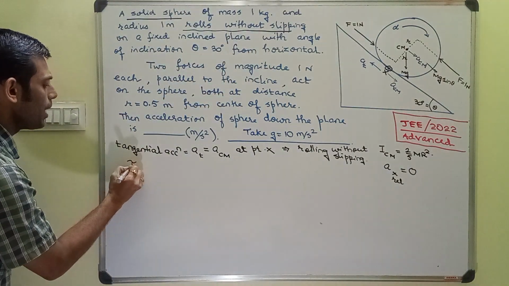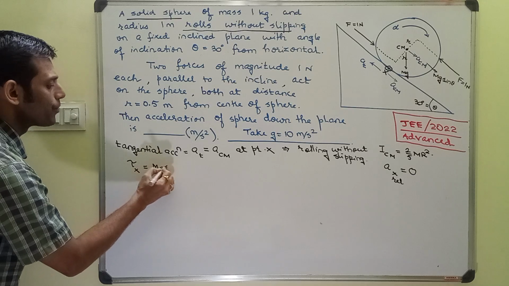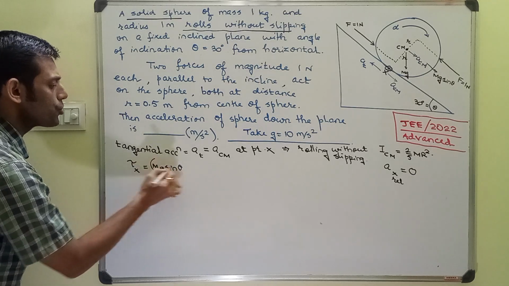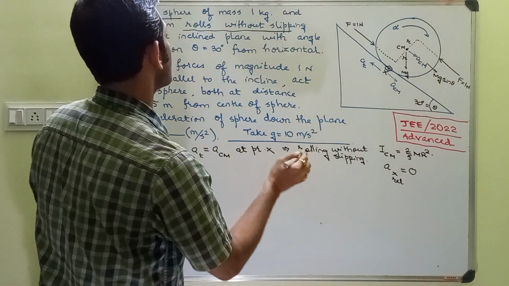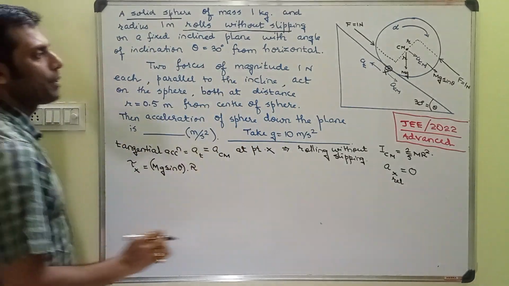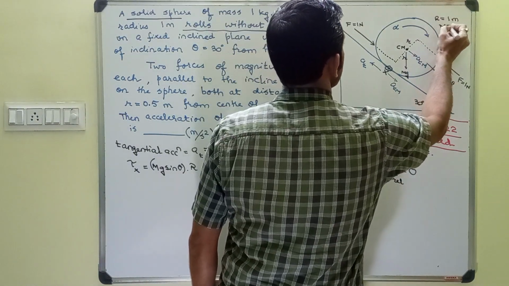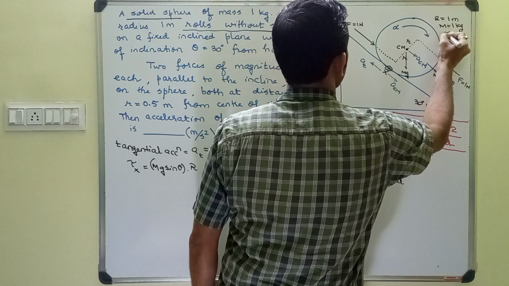That means torque about the point x is equal to mg sin theta as the force into the radius, which is capital R. Radius is equal to 1 meter, mass equal to 1 kg of this solid sphere.